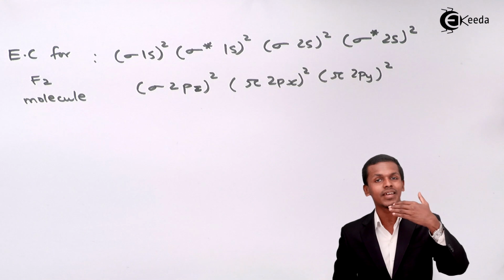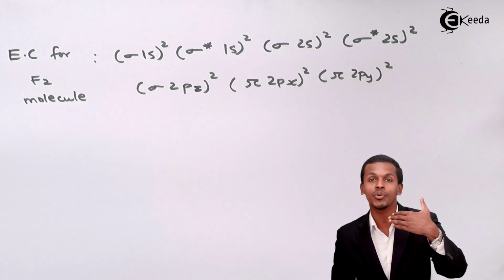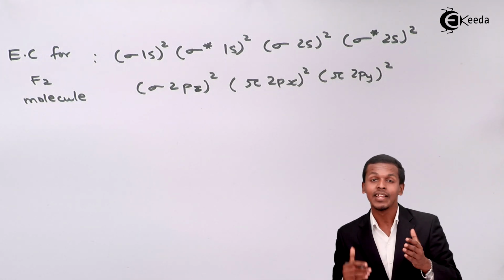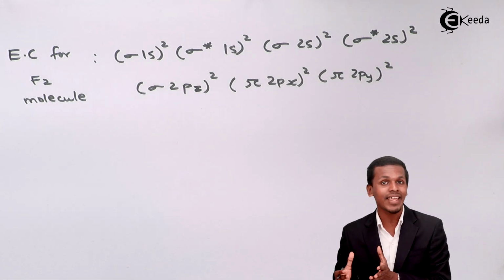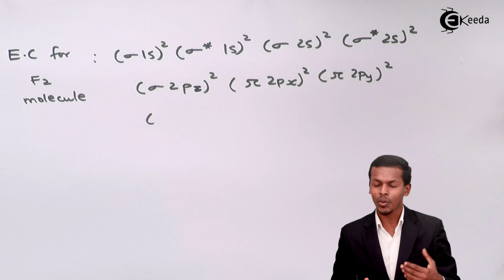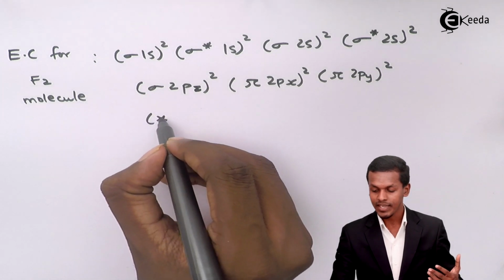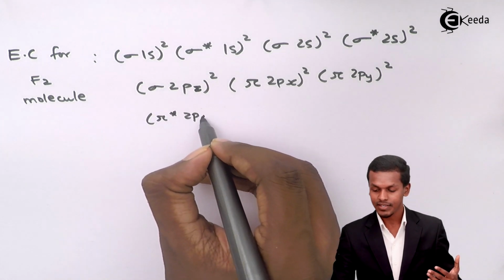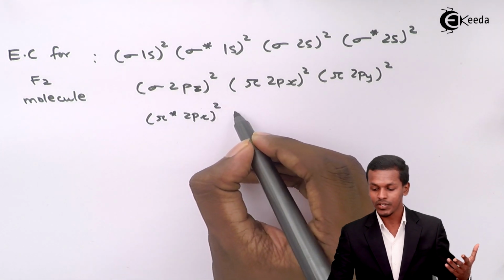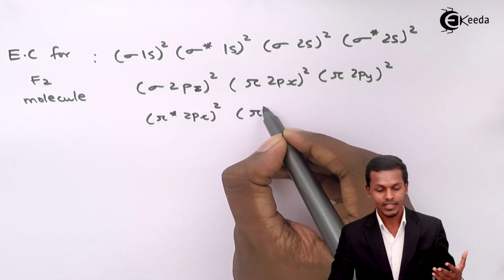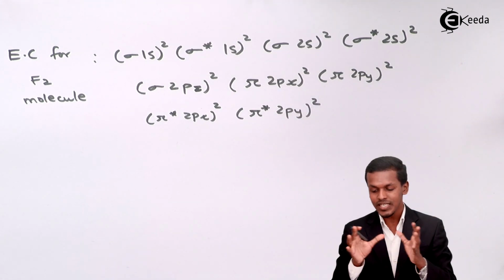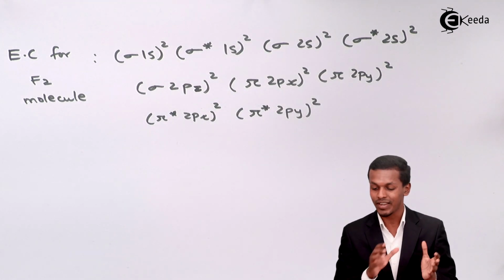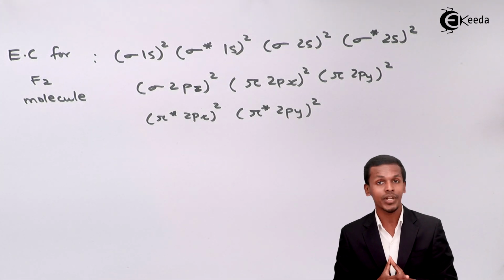This is how I am arranging it according to the energy level, or according to the Aufbau principle. That is how we represent the electronic configuration, applying that theory. After that we observe pi star 2px, which also consists of 2 electrons, and the next is pi star 2py, which again consists of 2 electrons. So this is the electronic configuration we have represented for the fluorine molecule.